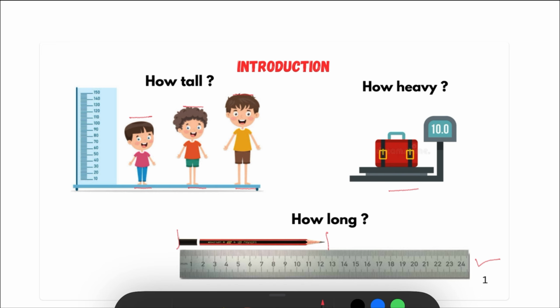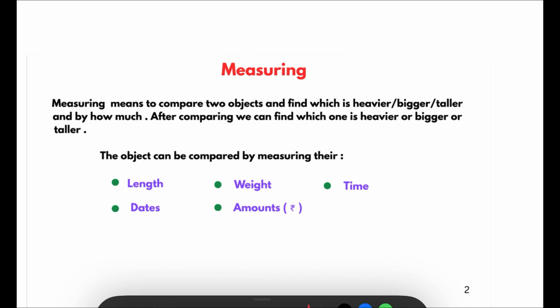If you want to know the length of your book, the length of your study table, you have to measure those objects, right? So this is how we all measure things. Now let's know what we mean by measuring. Measuring means to compare two objects or even more than two objects and to find which is heavier, bigger or taller and by how much.